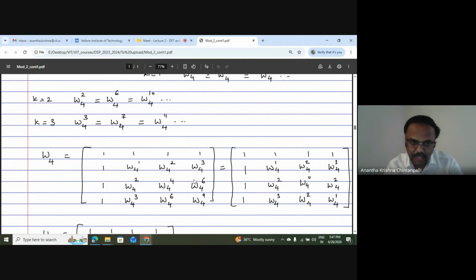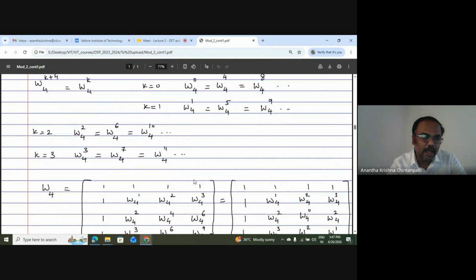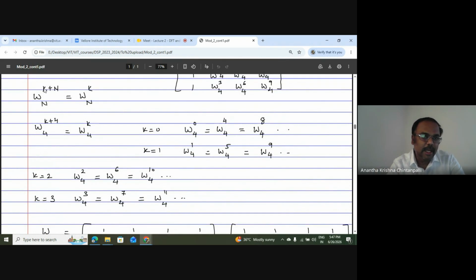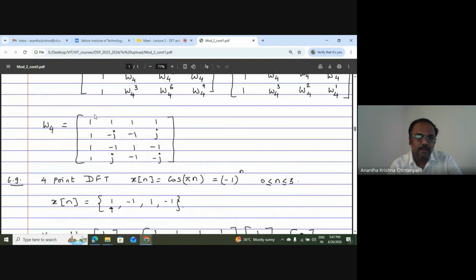So I can use this formula, which is W^(k+N) equal to W^k_N. So finally, I'm going to just substitute. I'm going to get this expression. All ones, the first row, first column, all ones, and then these are the values.